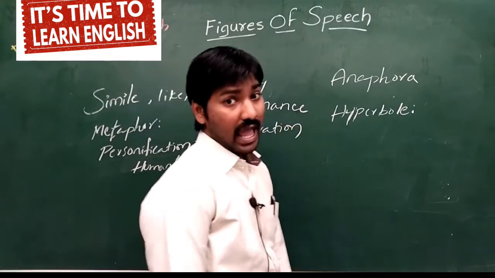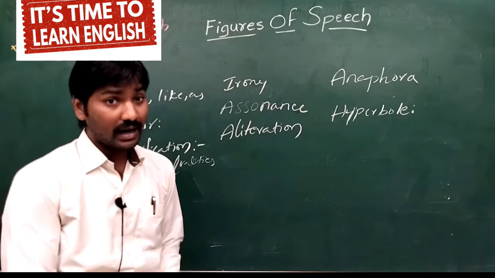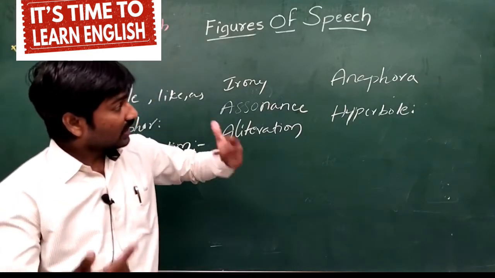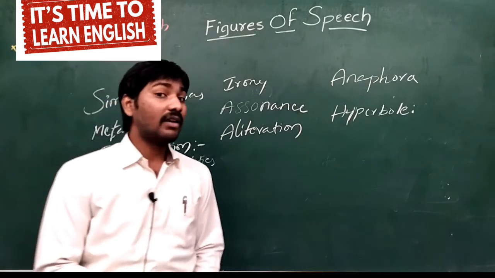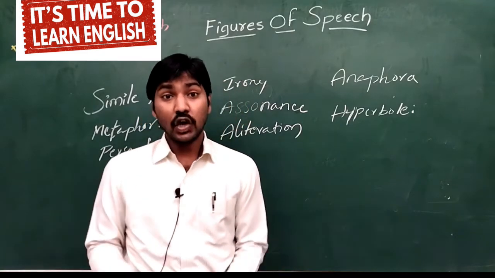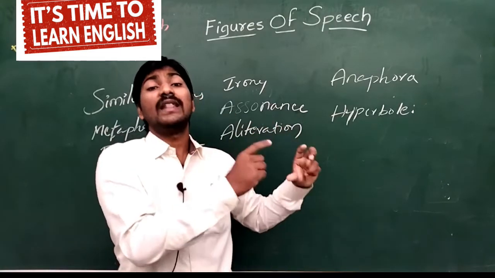Next is anaphora. Anaphora is talking about words which come again and again in the beginning, especially in poems and songs. It means repetition of the same word in the beginning.